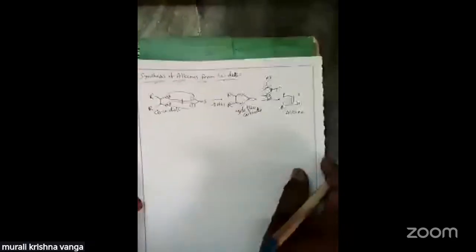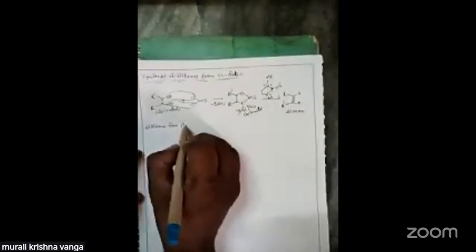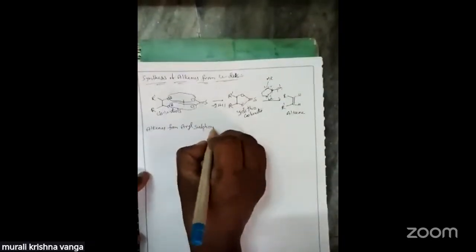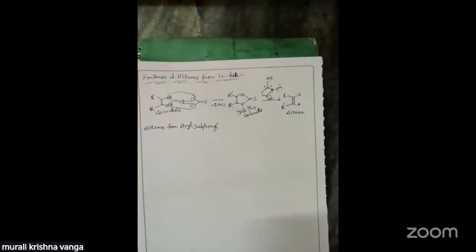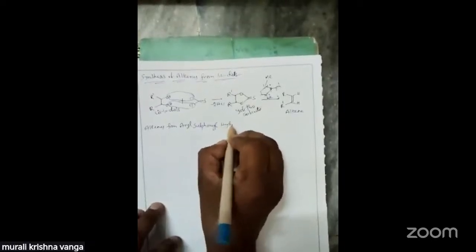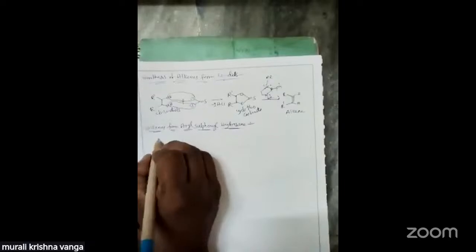Next one is alkenes from aryl sulfonyl hydrazones. That is called the Shapiro reaction.